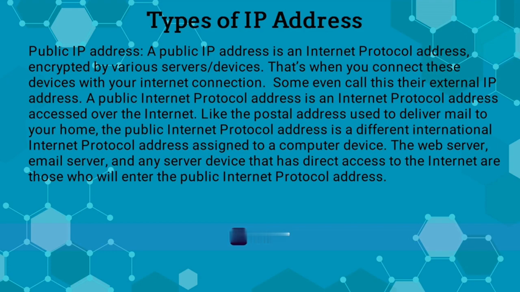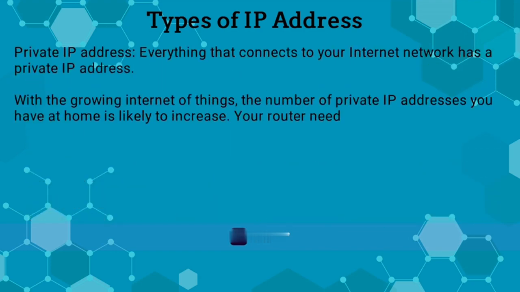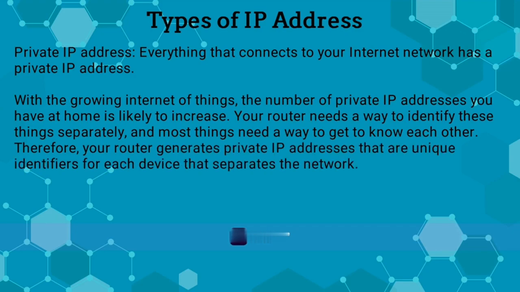The public Internet Protocol address is different: an international Internet Protocol address assigned to a computer device. The web server, email server, and any server device that has direct access to the internet are those who will enter the public IP address.